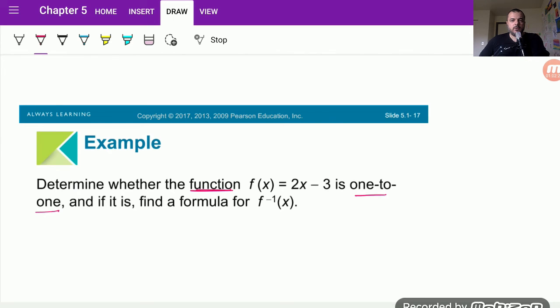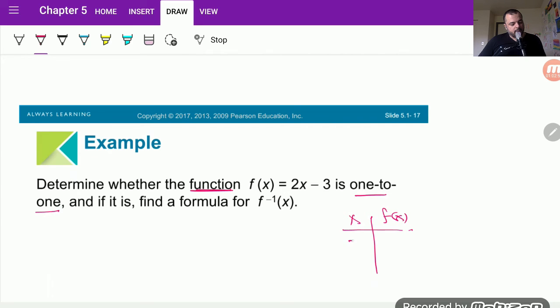So what you have to do is to graph it and check whether it passes the horizontal line test. So let's graph it. You can use GeoGebra, or you can use a set of points in a table and graph it. If you want to do it quickly, you can pick some x values and find f of x.